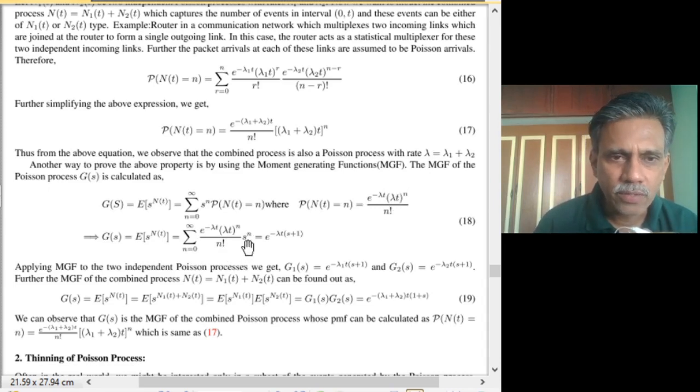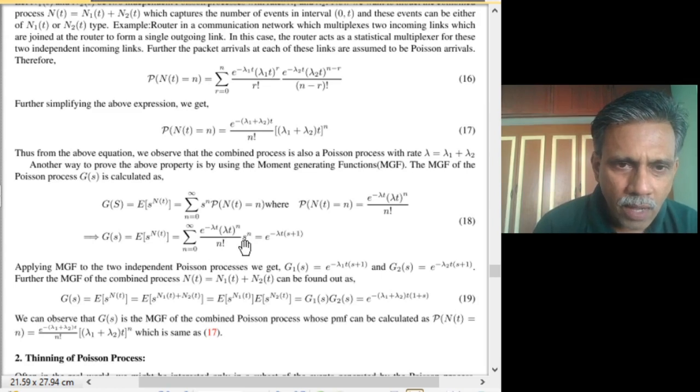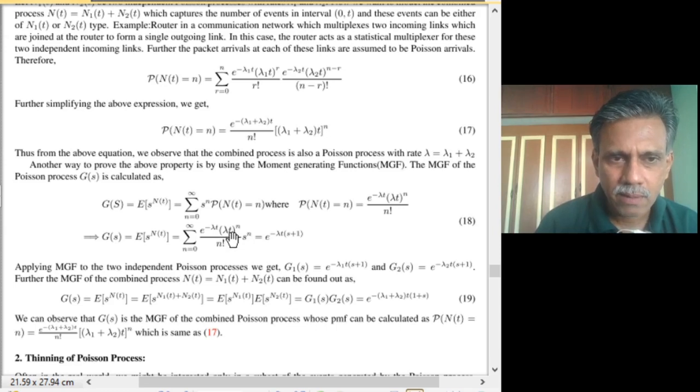Now what we can do is club lambda t and s together into a term lambda t s power n by n factorial. You could take e power of minus lambda t outside, and if you do the remaining summation, it will be e power of plus lambda t s.